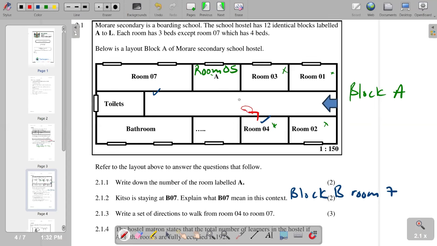After turning left, we have to walk straight. After going straight, that's when you're supposed to turn to room 7. You have to enter the room on the right hand side. When you're walking in the passage, room 7 will be on the right hand side. Then you go to room 7. So these are the directions that we have.